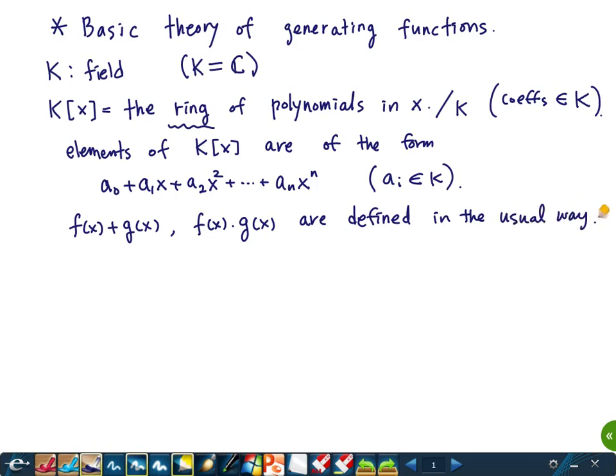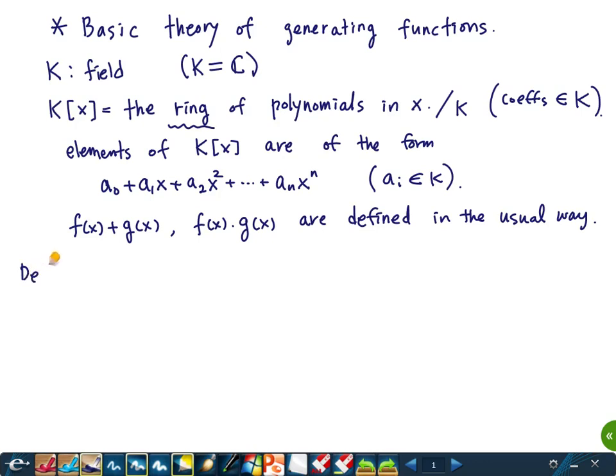Okay? So when we have two polynomials, we know how to add them, and then we know how to multiply them. You are all familiar with these polynomials, right?